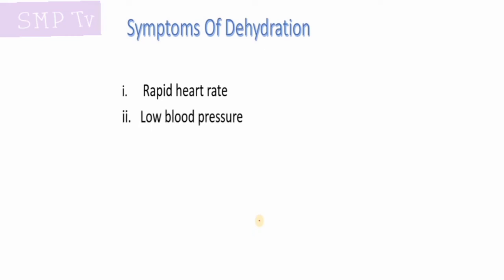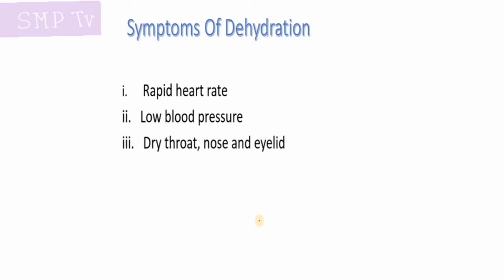Low blood pressure. Since the pressure that the heart is supposed to pump will reduce, it will not be able to pump to the satisfaction of the normal rate of your human body.